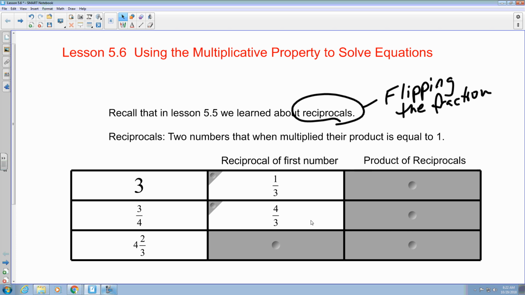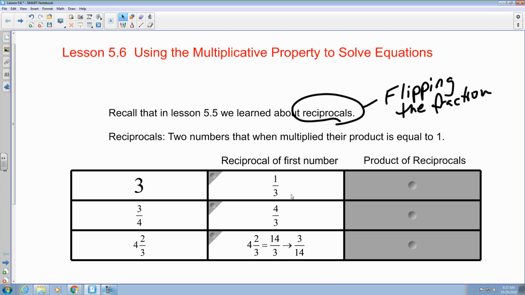For 3/4, it's again flipped around, so now it's just 4/3. For 4 2/3, you have to make that into an improper fraction, which is 14/3, which means that my reciprocal is 3 over 14.